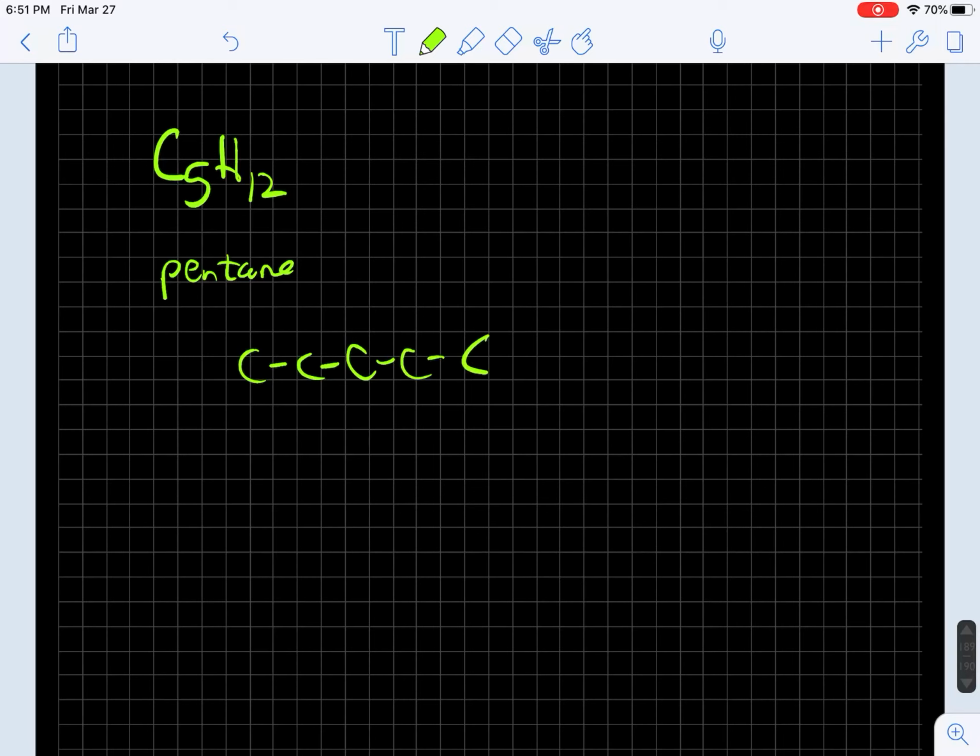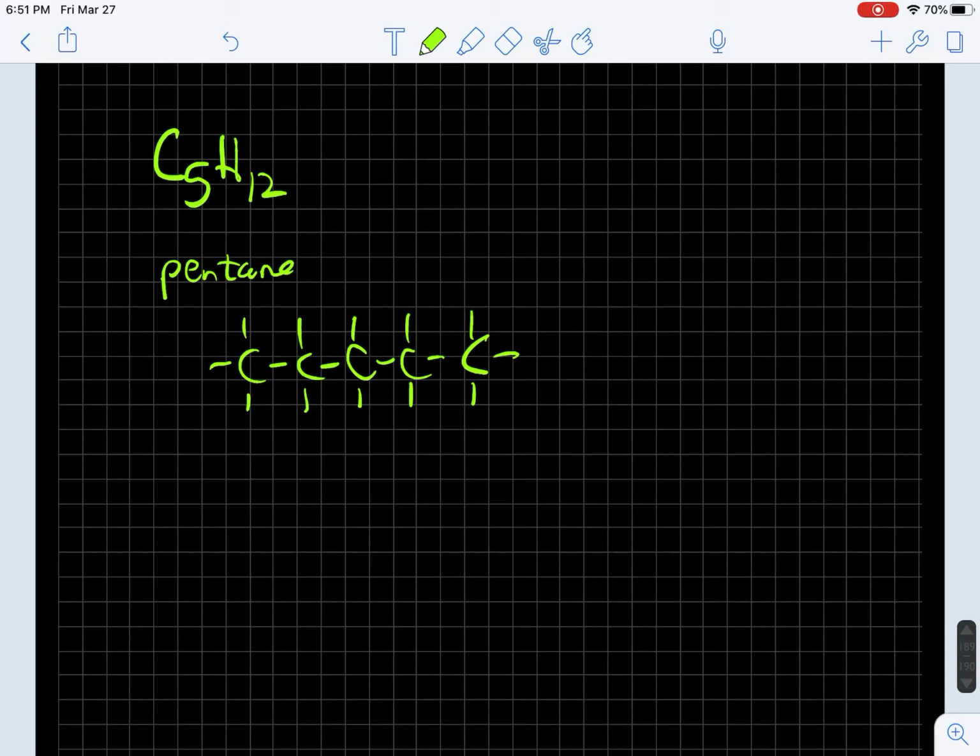So in the first one, pentane, all of these molecules have the formula C5H12, but in pentane, the carbons are connected to each other in a straight sequence, and then the 12 hydrogens would be connected to those carbons, filling up the octets.